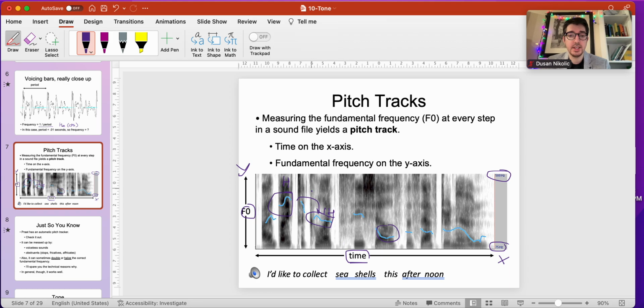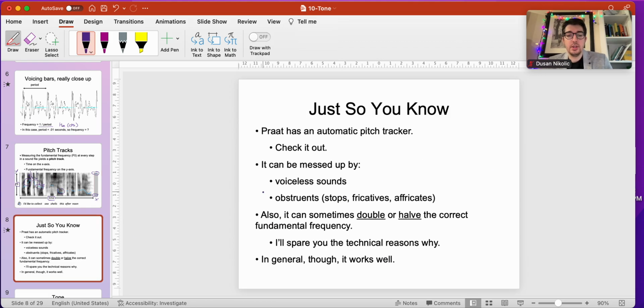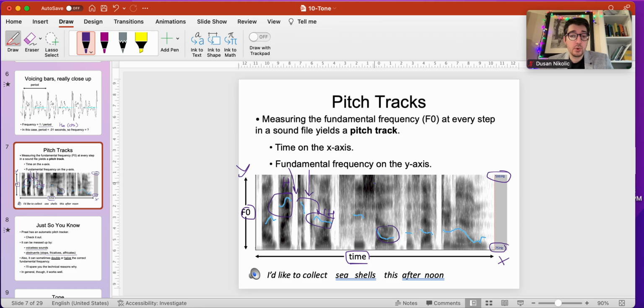Yeah, and what I need to also bring to your attention is that there are certain gaps here. The gaps usually occur in voiceless sounds and in obstruents, which can interfere with the recording or with the pitch track, as you're not producing vocal pulses or glottal pulses and voice bars, because your vocal cords are not doing anything at that brief moment of time.